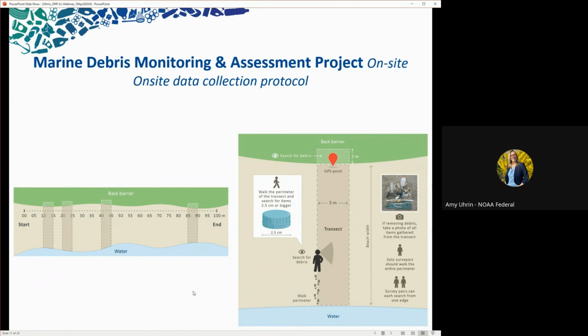Within that 100 meter length of shoreline, you've got 4 random replicate transects that you're going to sample, that represent subsamples because they get averaged together. And then a person or persons walk the transect and look for debris items in certain material type classes that are greater than or equal to 2.5 centimeters in size.